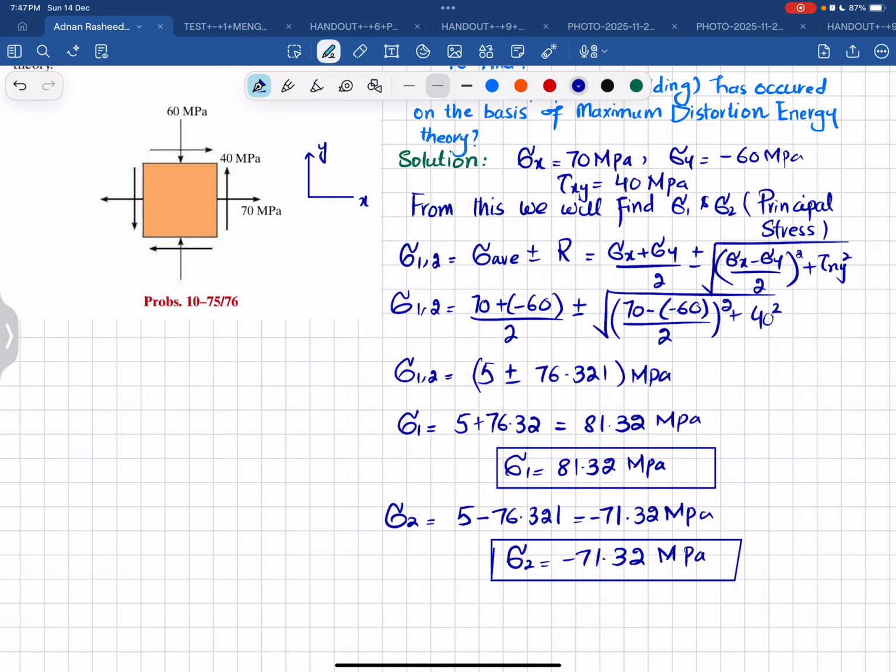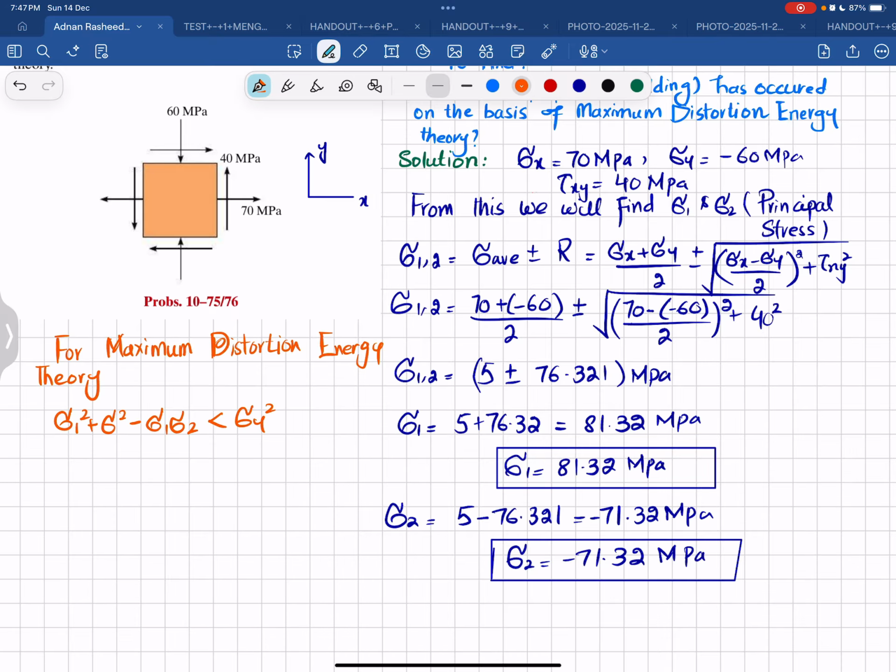Now you have both sigma 1 and sigma 2. So what we have to check is whether, according to the maximum distortion energy theory, it will yield or not. For the maximum distortion energy theory, if sigma 1 square plus sigma 2 square minus sigma 1 into sigma 2 is less than sigma yield square, it will not yield.